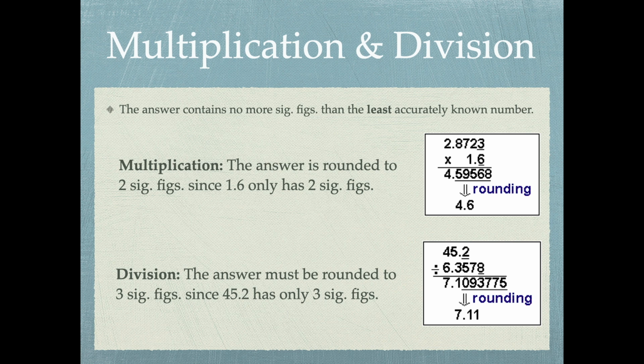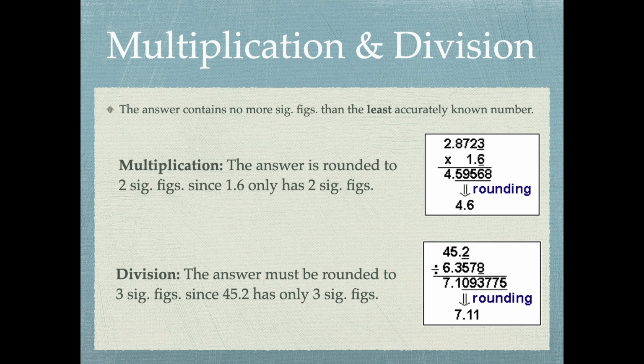So the answer contains no more sig figs than the least accurately known number that you started with. There's no lining up the decimal places. Here, all we're going to do is do the math and then round it to the smallest number of sig figs that we had in the starting numbers.